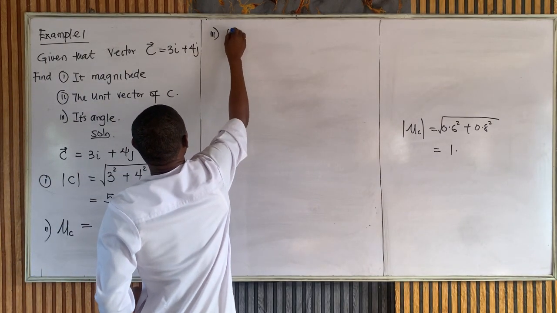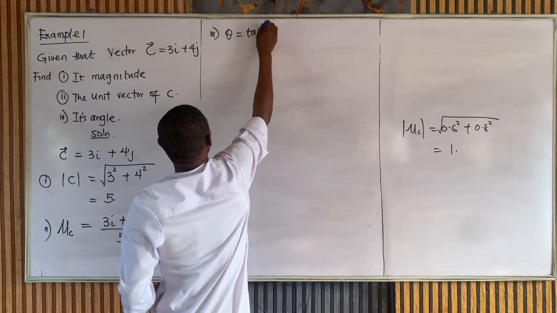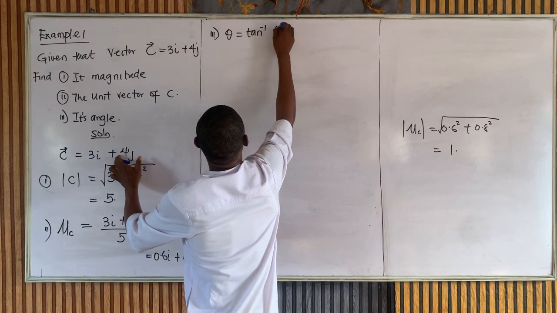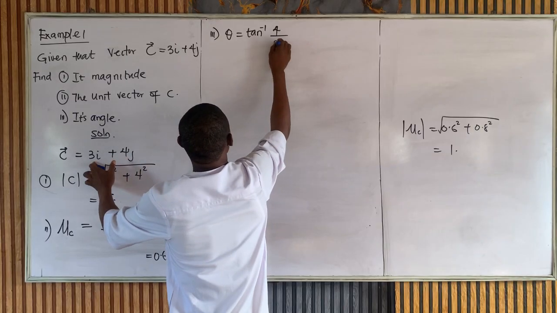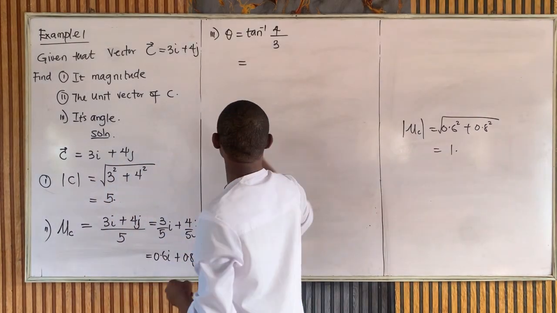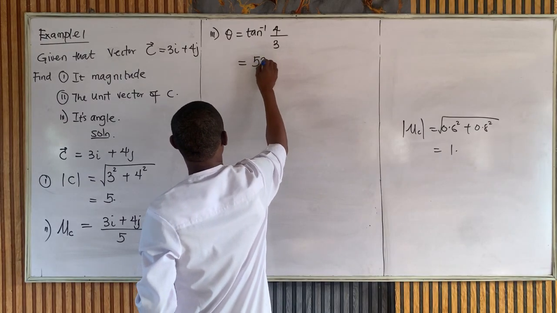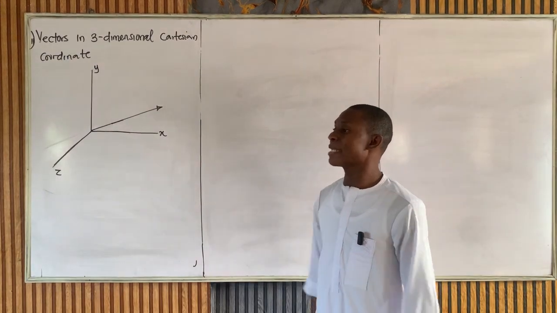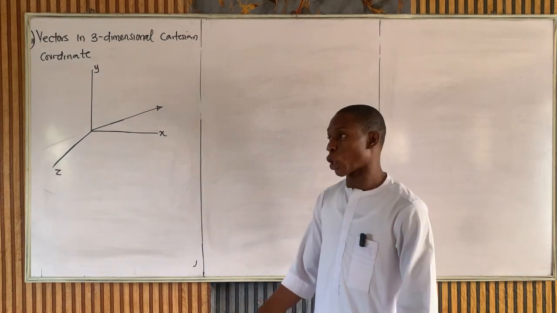The angle of vector C is given as tan inverse of the vertical component, which is 4, over the horizontal component, which is 3. This will give us 53.13 degrees.